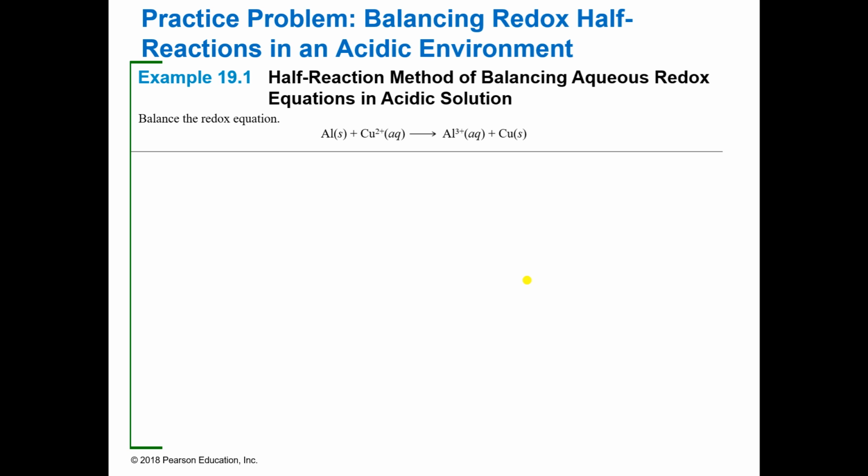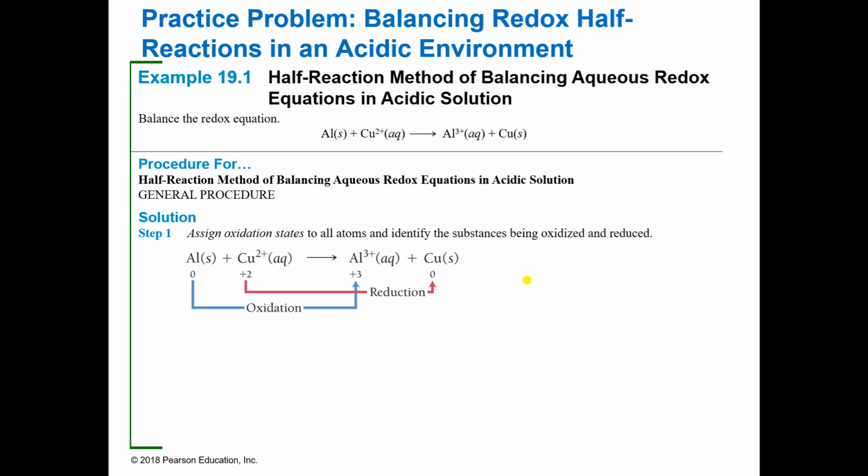So if we look at this example here, this is just a very simplistic look at balancing half reactions. The first thing we're going to do is assign oxidation numbers to each thing. Aluminum is in its free state, so its oxidation number is 0, and on the product side, it goes to +3. So that is a loss of 3 electrons.